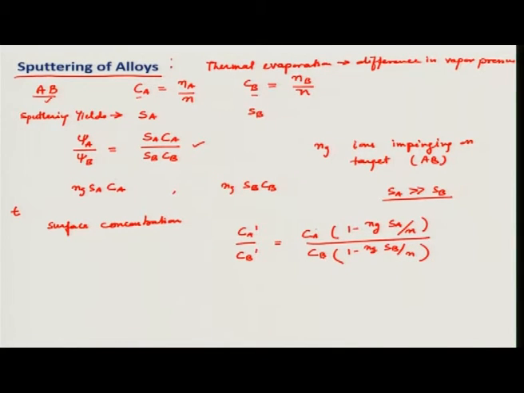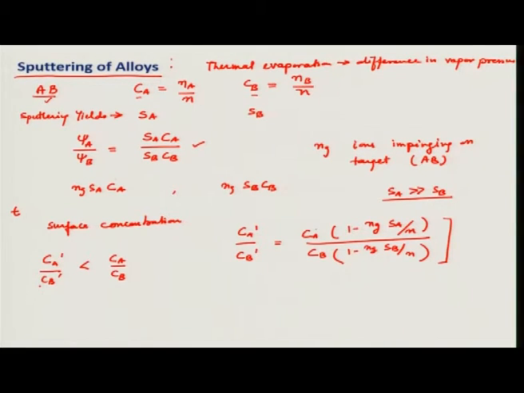So Ca and Cb was my initial composition, but after sputtering for some time t, when some atoms of A and B have sputtered, the ratio of the surface concentration will be like this. Now if Sa is higher than Sb, we know that Ca dash over Cb dash would be less than Ca over Cb, and this is from this expression. So my target is now richer in B.